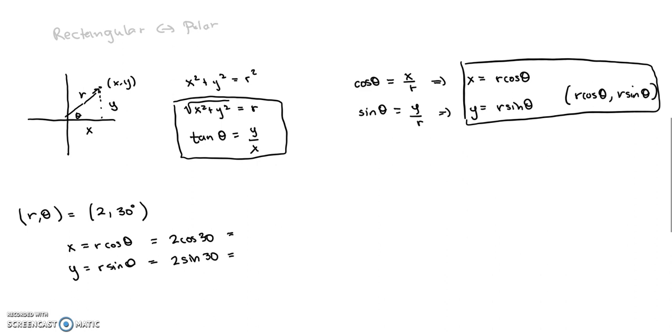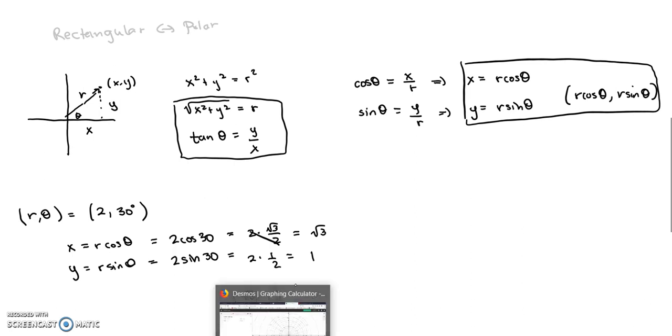These are values that we know. If they're not on the unit circle, then you just put them in the calculator. Cosine 30 is square root of 3 over 2. The 2's cancel and we get square root of 3. Sine 30 is 1/2, and that gives us 1. So our rectangular coordinate would be (square root of 3, 1). So that's going between polar and rectangular.